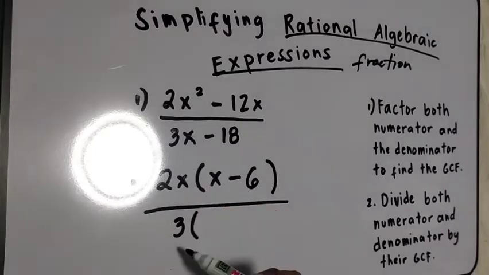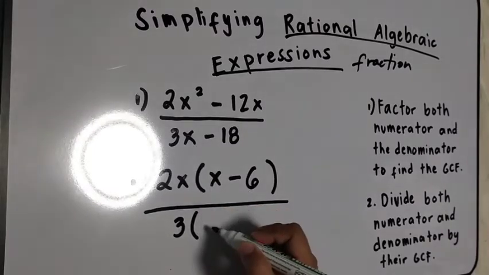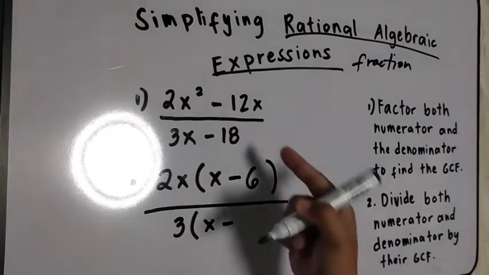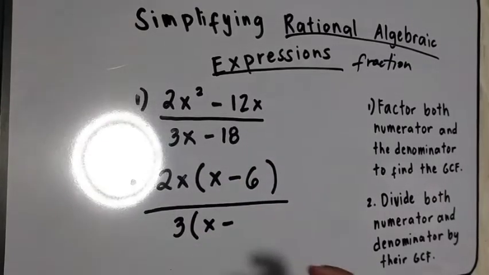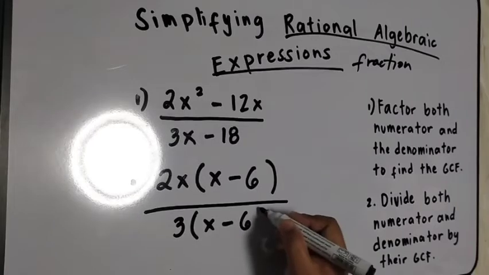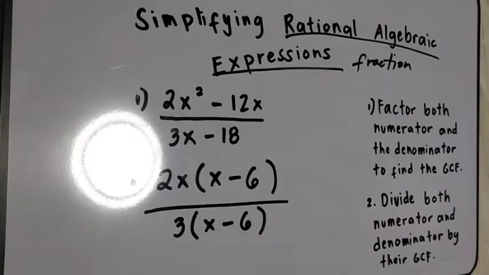So, 3x divided by 3, x na lang, minus 18 divided by 3, that is 6. Okay, so, ganito na. In-apply natin both is factoring by GCF, then ito yung naging expression natin. We have 2x times the quantity x minus 6 over 3 times the quantity x minus 6.